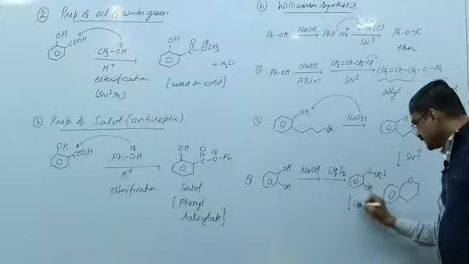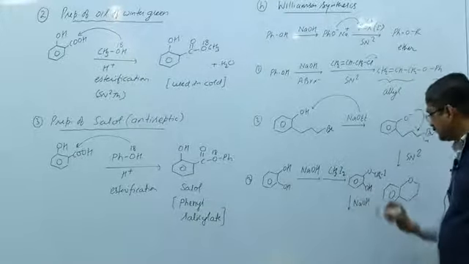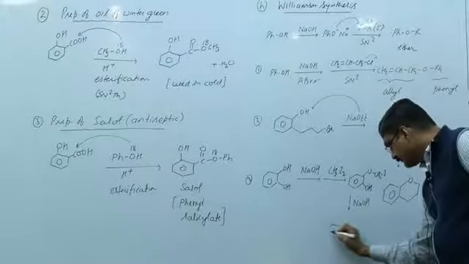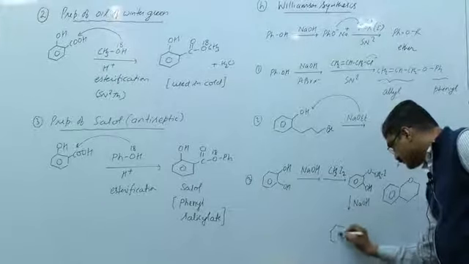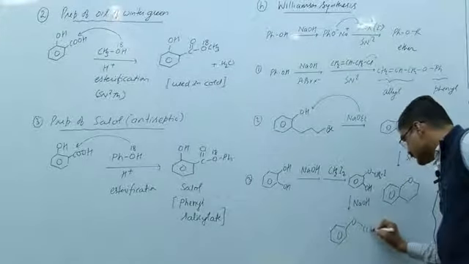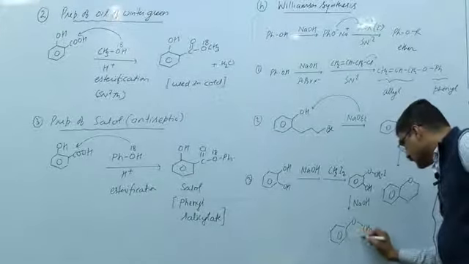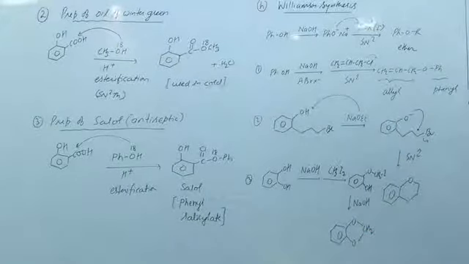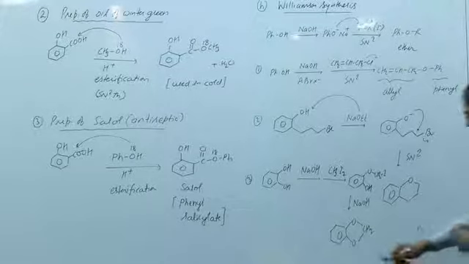If I repeat the same in basic medium, then again the second acidic H is removed, and this again gives an SN2 reaction. So the intramolecular reaction gave a cyclic product.